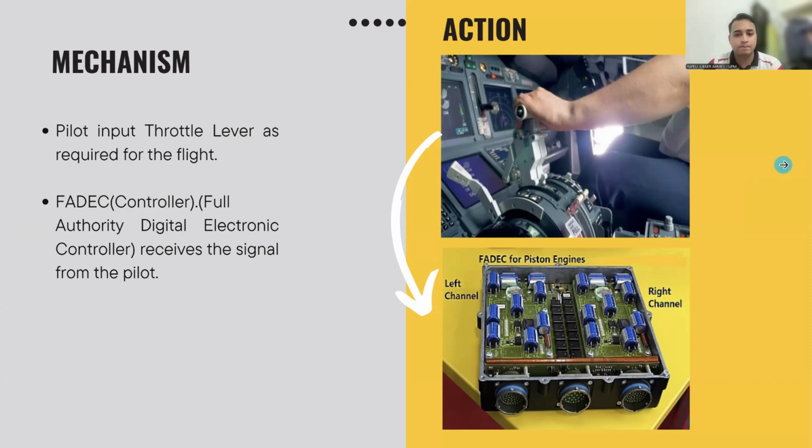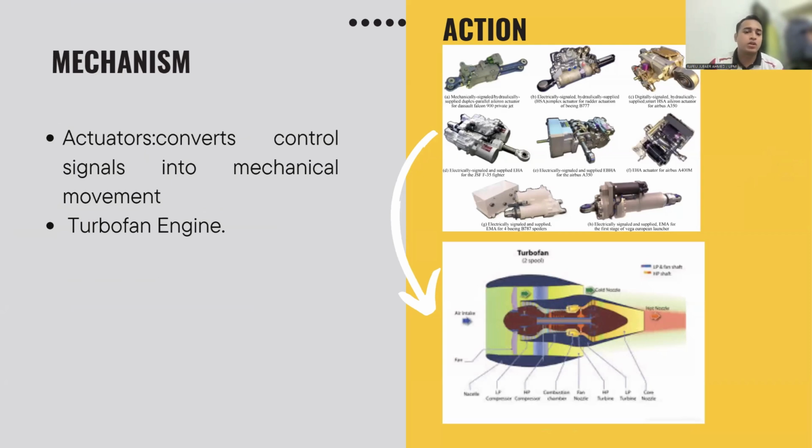Next slide. The actuator converts the signals to mechanical movement and provides it to the turbofan. We can see some parts on the left side also. Can you move to the next slide also?